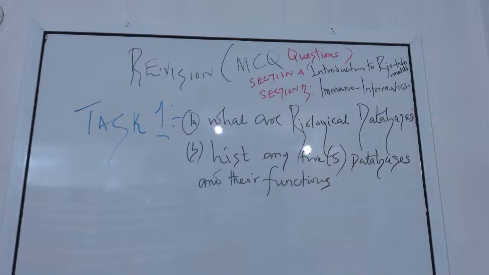At this level, I'm very sure you are supposed to know exactly what we call in silico. If you say in silico vaccine design, it is nothing but the use of a computer to design a vaccine. That is very important.